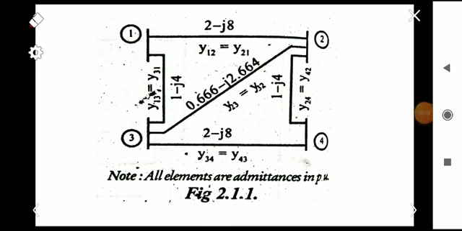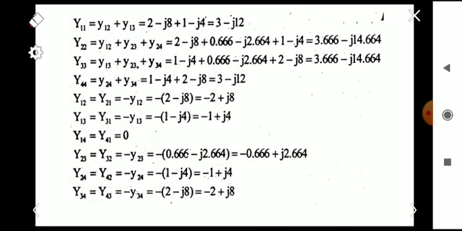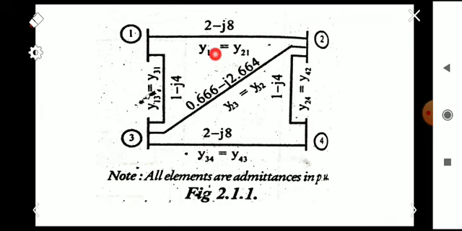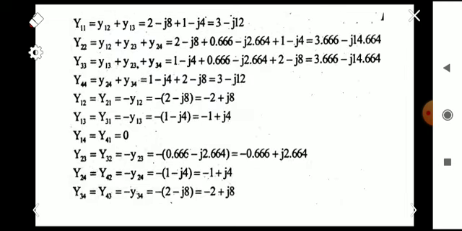Y22 means we have to add 2 minus j8 plus 0.66 minus j2.664 plus 1 minus j4, that is small y12 plus small y23 plus small y24. Like that we can find all other, Y33 and Y44.